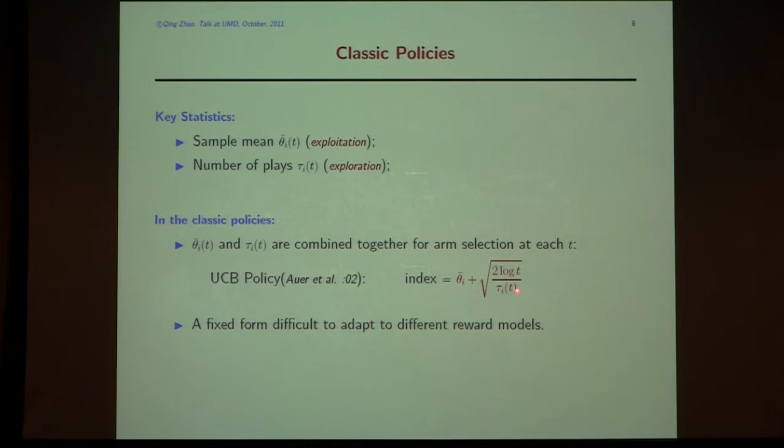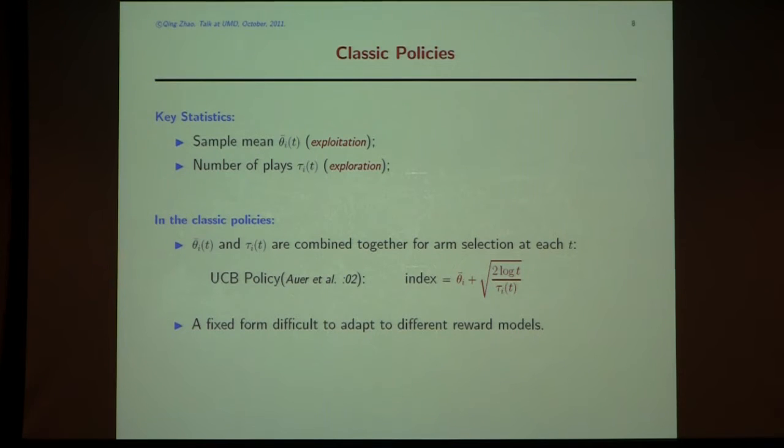If the number of plays on arm i is not growing at the same order as log t, which is in the numerator, the second term will blow up and the index will become really large. That will force us to play that arm, because we're selecting the arm with the largest index. This essentially forces the number of plays on every arm to grow at the order of log t at least. This is the basic idea in the classic policies we have mentioned, and other policies have a similar idea.